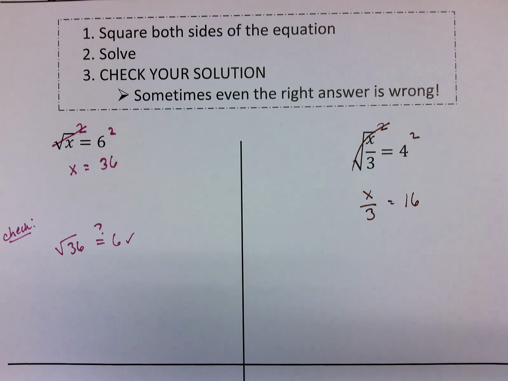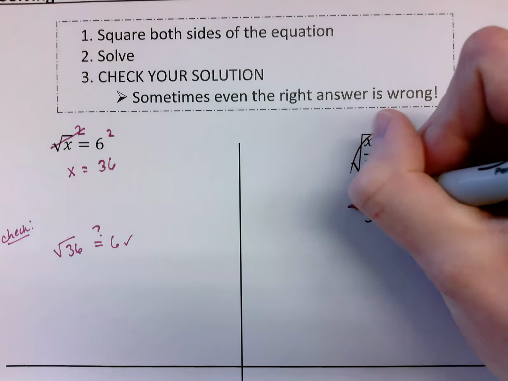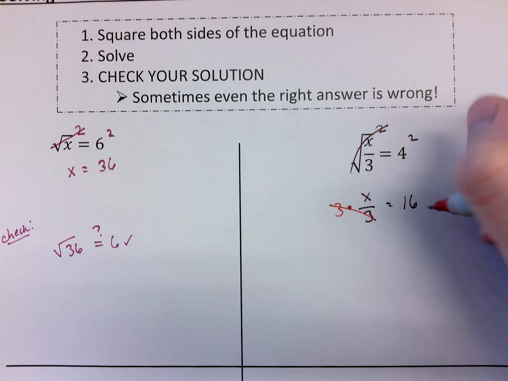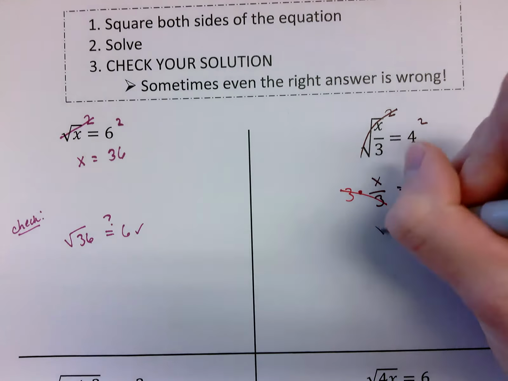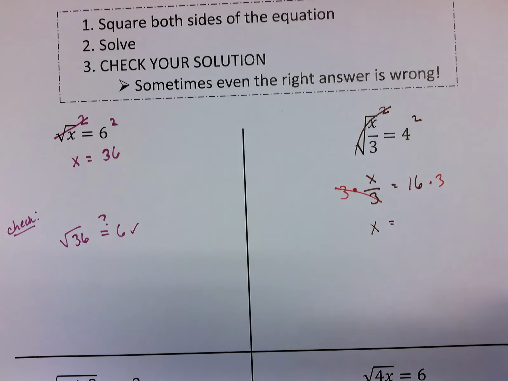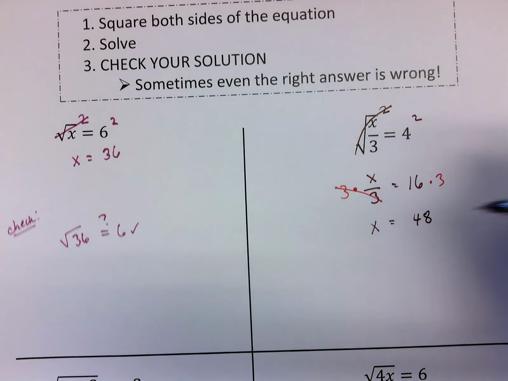Now on this one, we don't have x by itself yet, so I'm going to have to solve this equation. I'm going to multiply both sides by 3 so that these cancel. So I'm left with just an x over here, and on this side, 16 times 3 is 48.